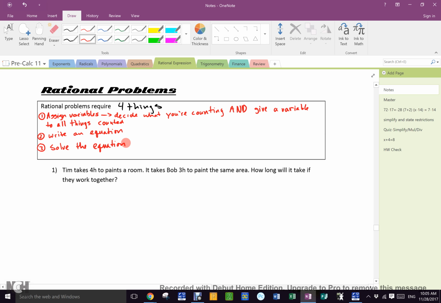And step 4, apply your answer from 3 to see if it works.